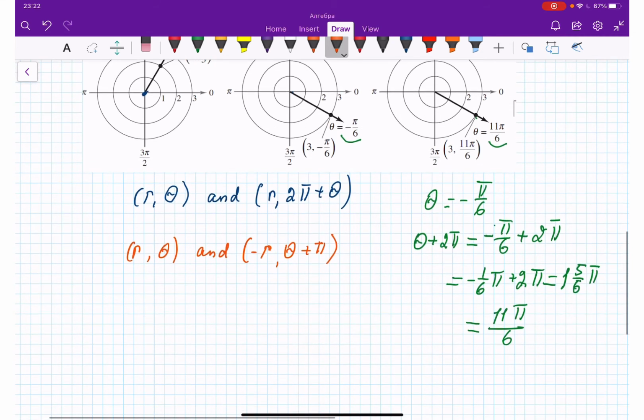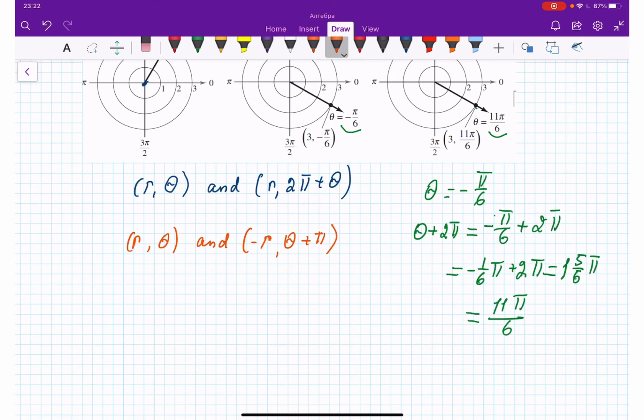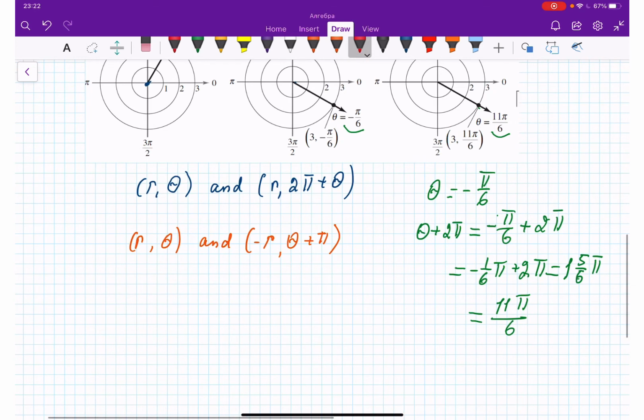the point r, theta can be represented in the general form. The r, theta coordinates can be represented as r, theta plus 2 pi n, right?